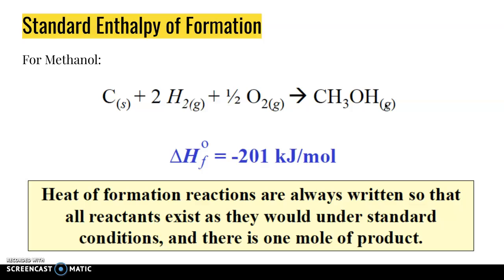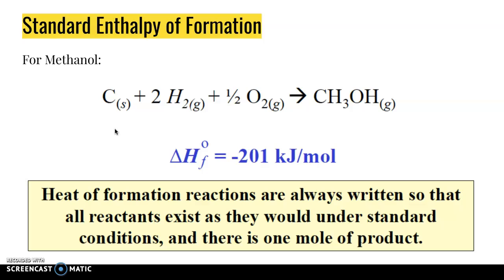So this enthalpy of formation, this delta H that we find here, is based on this chemical equation. Carbon, in its standard state, 25 degrees Celsius and 1 atmosphere, is a solid, specifically graphite. Hydrogen and oxygen are both diatomic elements, so they're not just H and O. They have to be H2 and O2, because under standard conditions they are diatomic molecules.